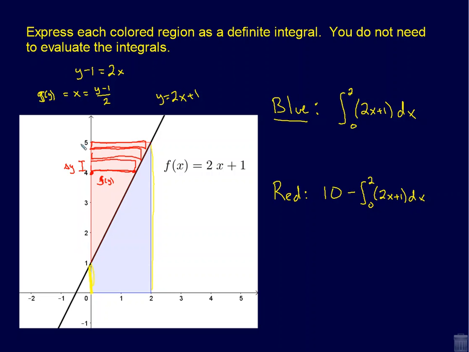And notice that in this region, the y values go from 1 to 5. So an alternate way to express the red area here would be as another definite integral, but this time I'm going to put my function of y in there, and the interval is from 1 to 5.